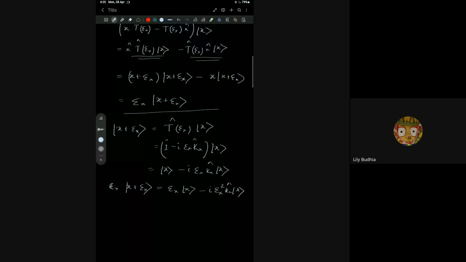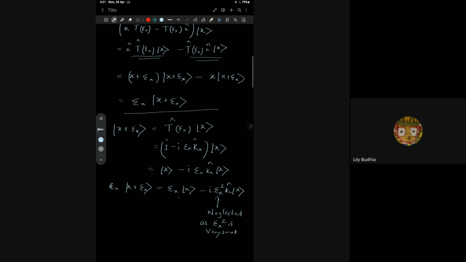That is basically your equation number 1.24. Now here, this term is neglected as epsilon x square is very small.